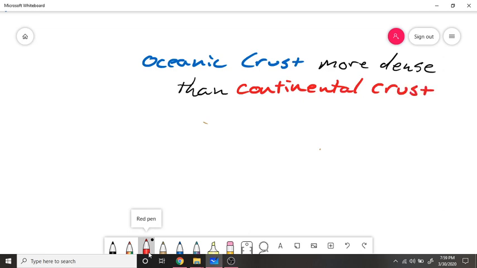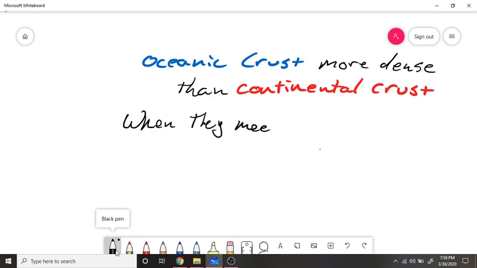Because it is more dense, when they meet, the oceanic crust will slide underneath.